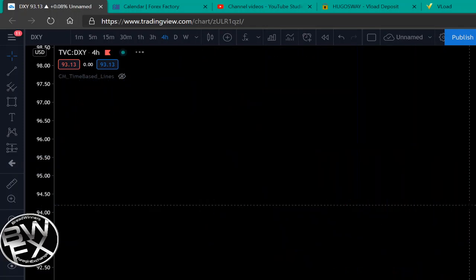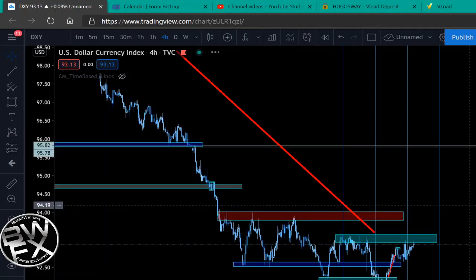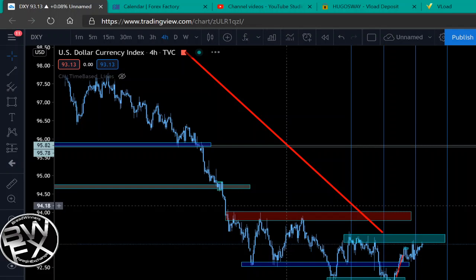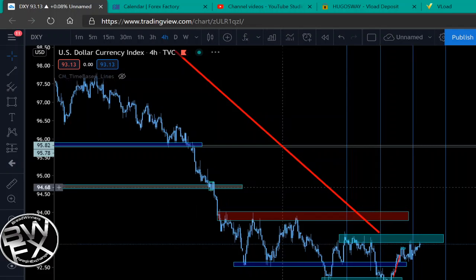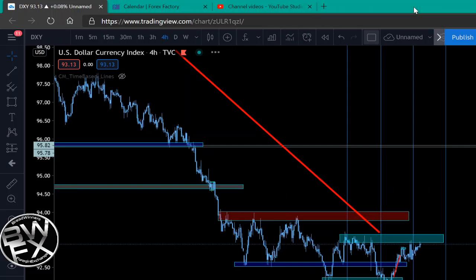But this week, our focus is going to be more on GBP pairs. Still, you want to look at DXY before you trade any of those pairs, because it could affect it in a positive or negative way.